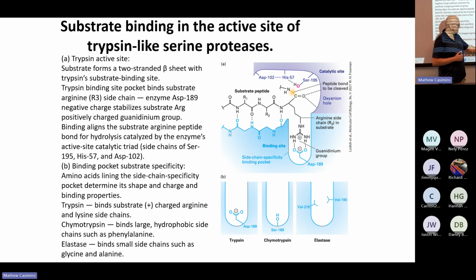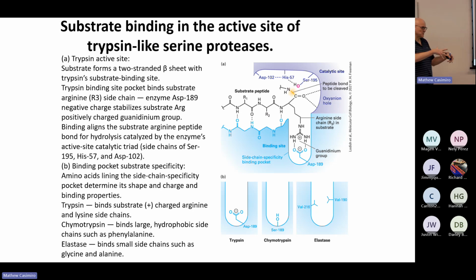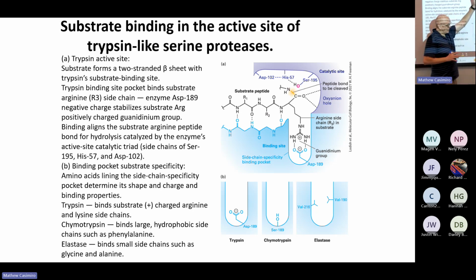Okay. For the other proteases like chymotrypsin and elastase, if you compare the protein sequences of these enzymes, trypsin, chymotrypsin, and elastase, they are remarkably similar in terms of their primary sequence of amino acids. There's very little difference between them. The major difference in the catalytic site is this binding pocket here, right?